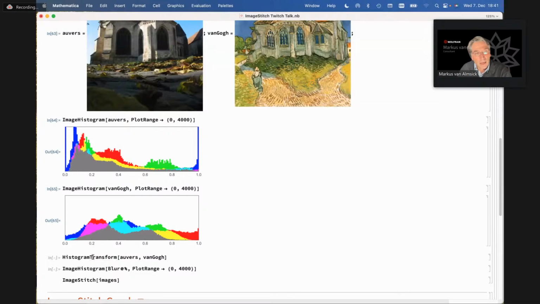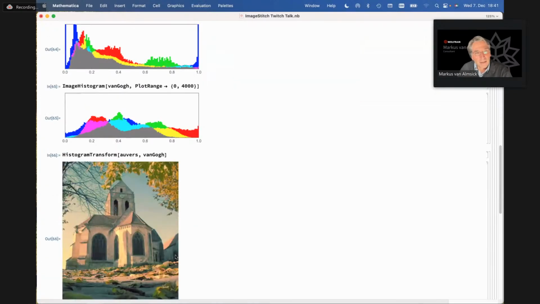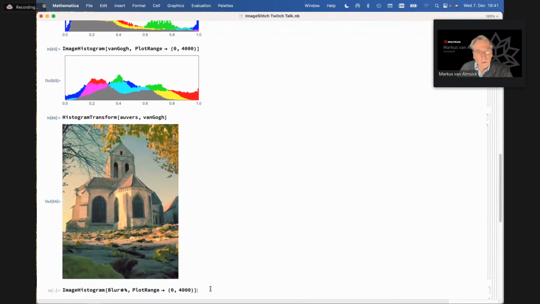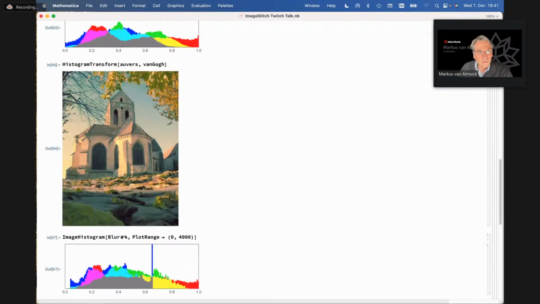If I do this in Mathematica, I call up histogram transform, and now you see the photograph in the color palette roughly as Van Gogh was seeing it more than 100 years ago. All right, and what does it mean? At the end of the day, it means that this new image has roughly the same color distribution as the one you have here.